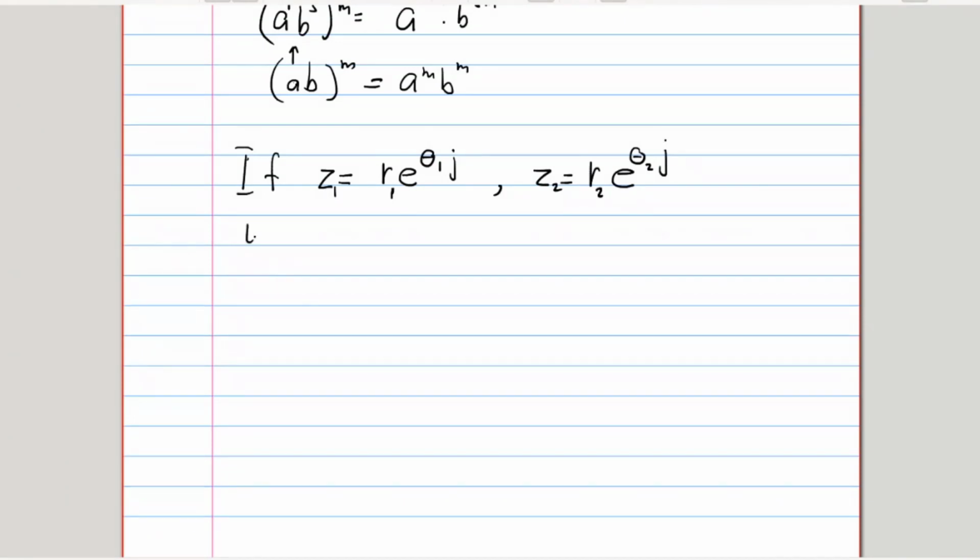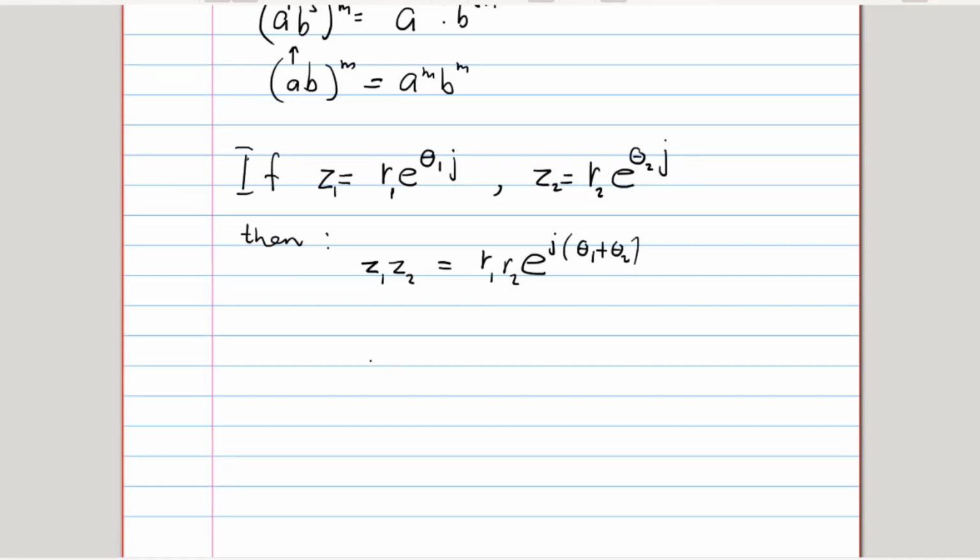Then, just reiterating this, guys, Z1 Z2 is equal to R1 R2 e, and then I take my j outside, and I have j(theta 1 plus theta 2).